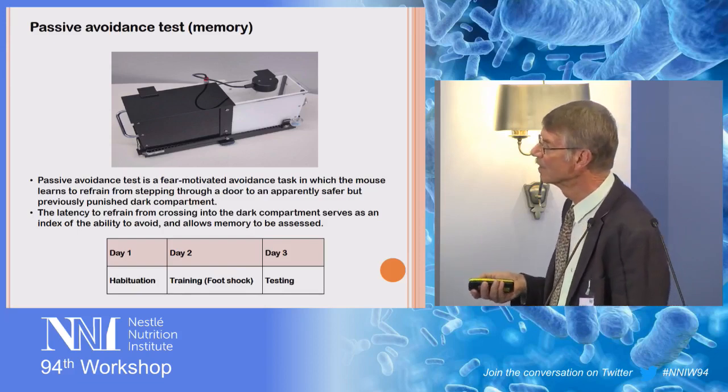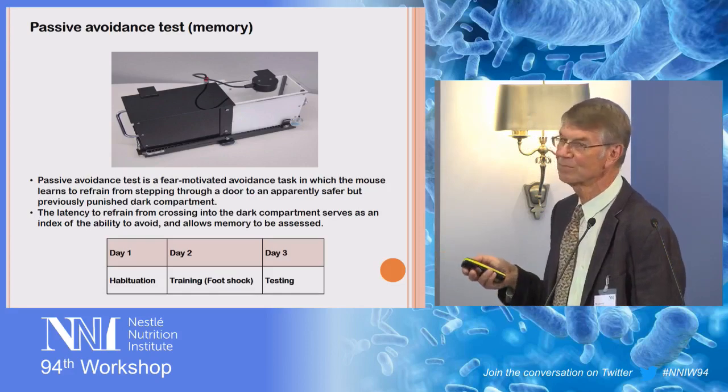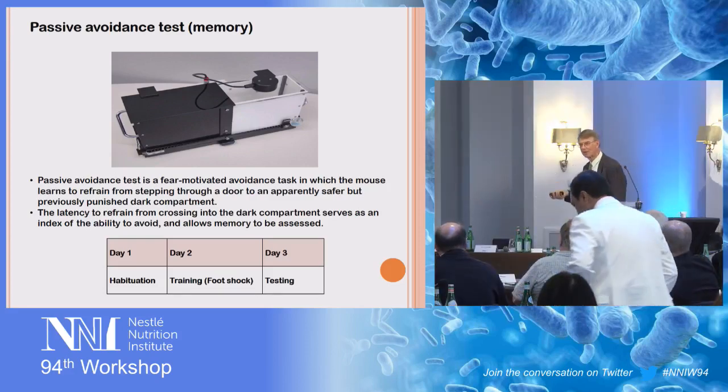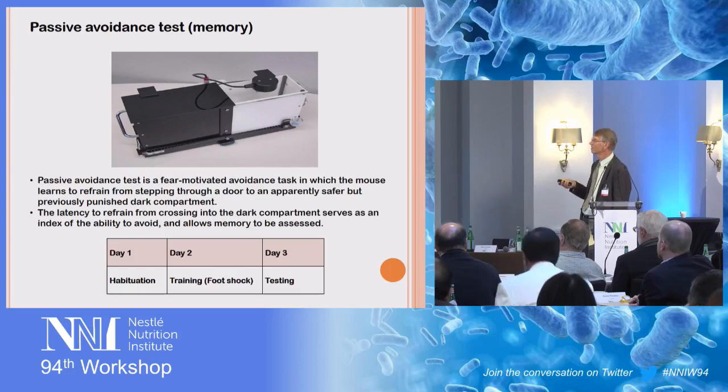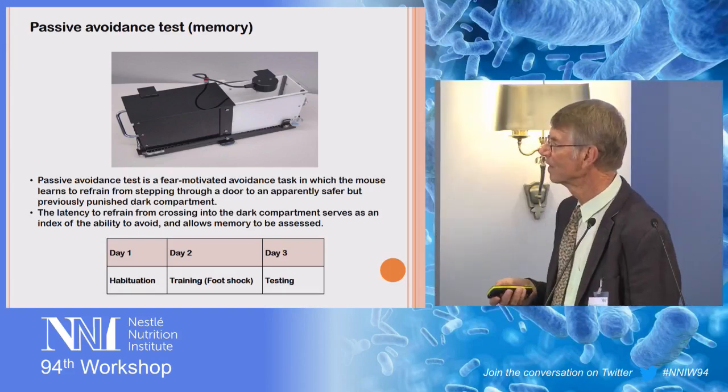They want to hide. Unfortunately, once they get in there, they get a small electrical shock, which they don't like, and they go out. And the natural tendency then for the normal mouse pup is that if you do that 1 or 2 times, you learn and you don't go in there to get shocked again.